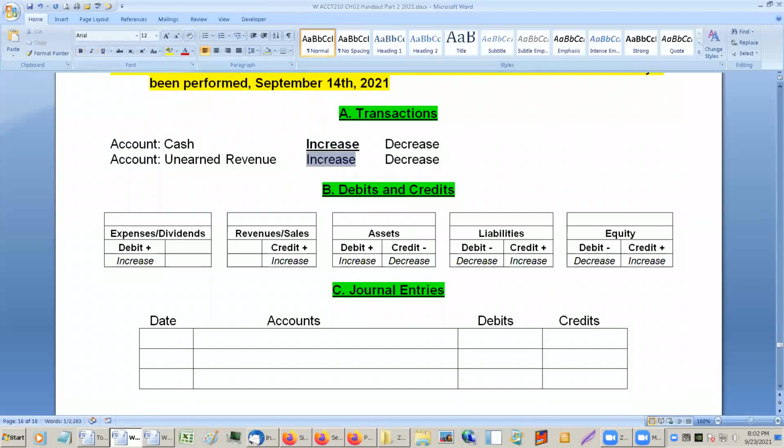So cash will be increasing, and this is a liability. So we do cash, which is a debit.